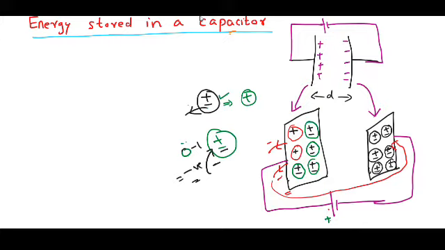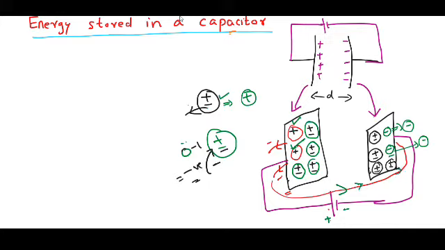If an electron reaches this plate, this atom is now negatively charged, and if another electron reaches this plate, this atom is also negatively charged. I can represent a negatively charged atom like this and a positively charged atom like this. That is, to charge up a capacitor, we have to remove electrons from the positive plate and carry them to the negative plate.